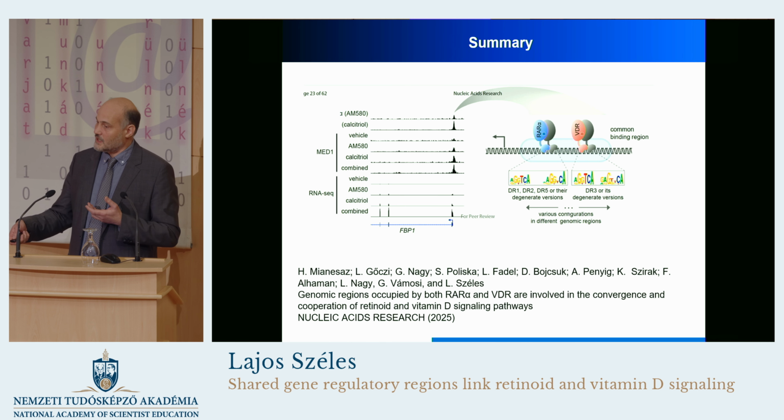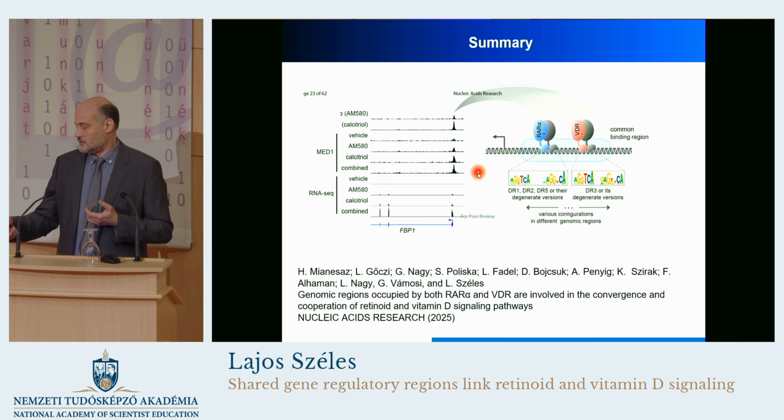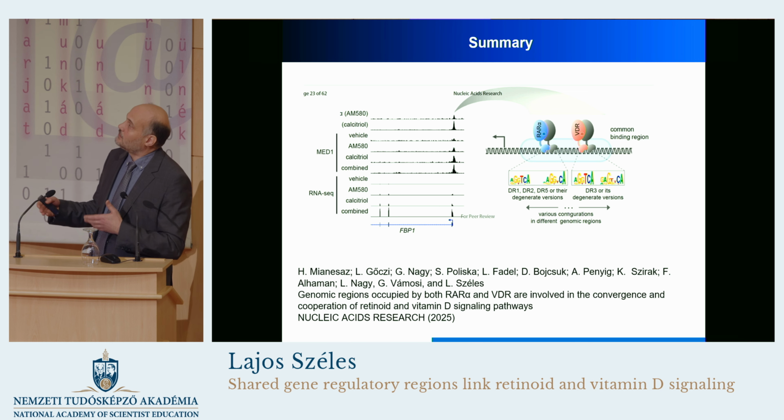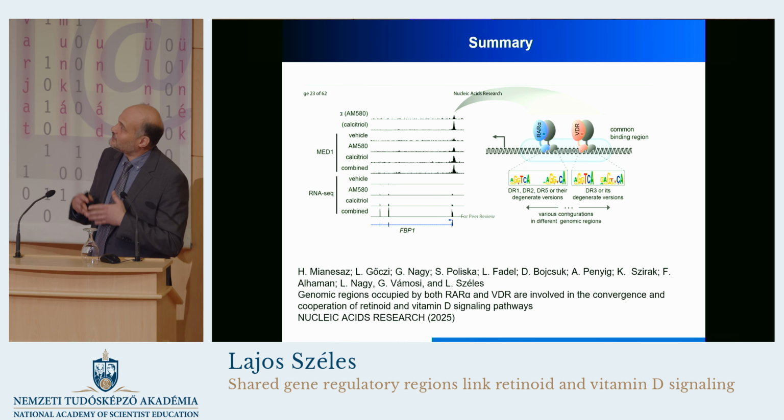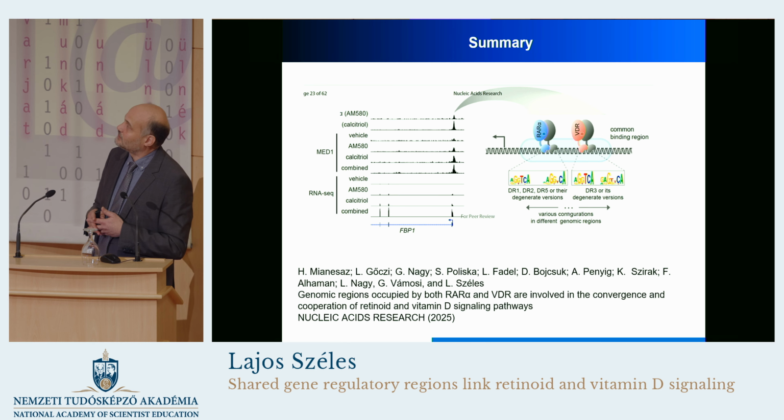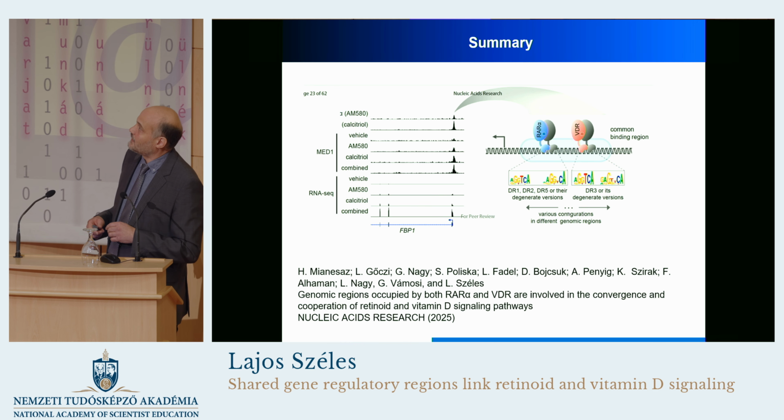As a consequence, using RNA sequencing, we could show that in the case of the combined treatment, the transcript level is higher, meaning that these genes are under the control of both ligands, and they act in a cooperative manner.